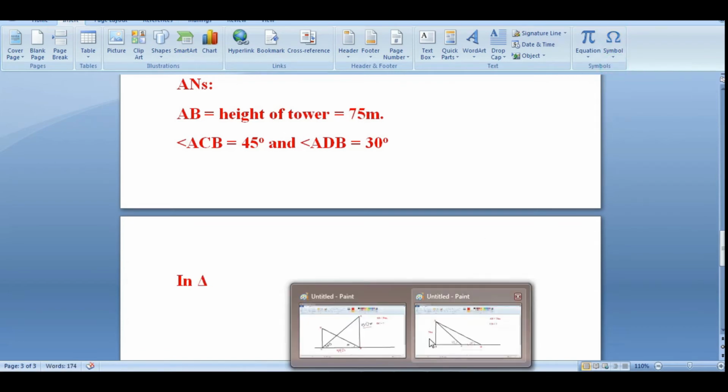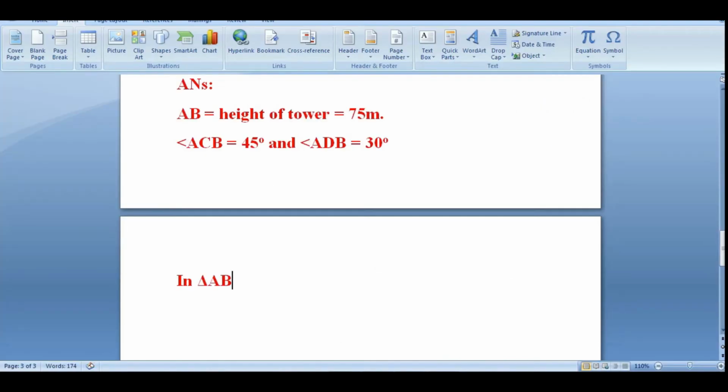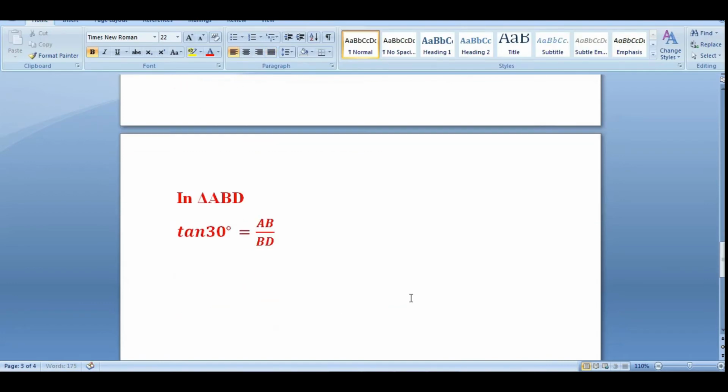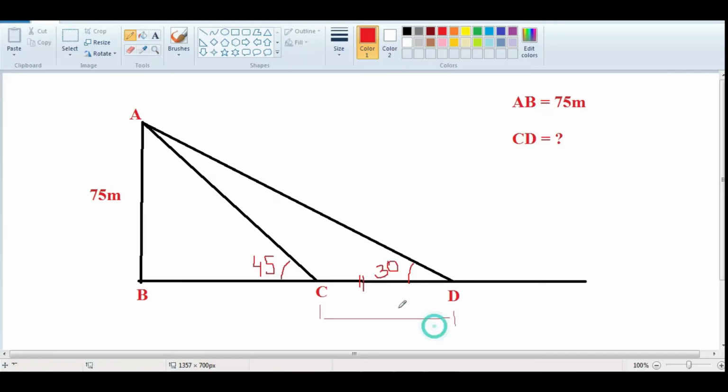Now the bigger triangle, that is ABD, the perpendicular is AB and the base is BD. We have to find the BD.